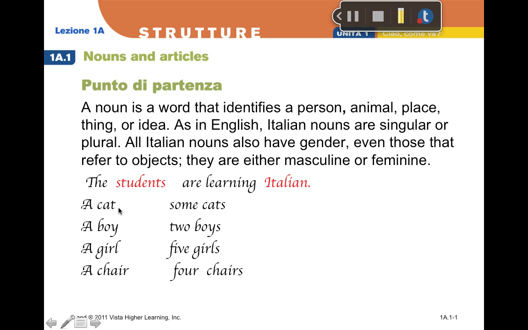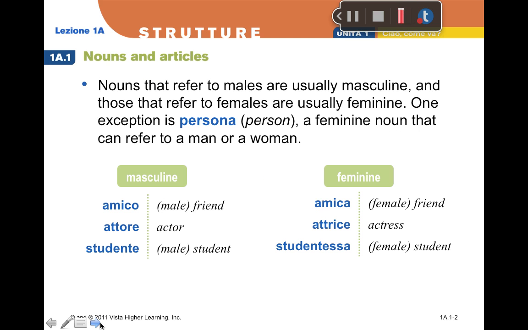So how do I distinguish the gender of a noun? So in Italian, usually, obviously, all the words that refer to males are masculine, all the words that refer to females are feminine.